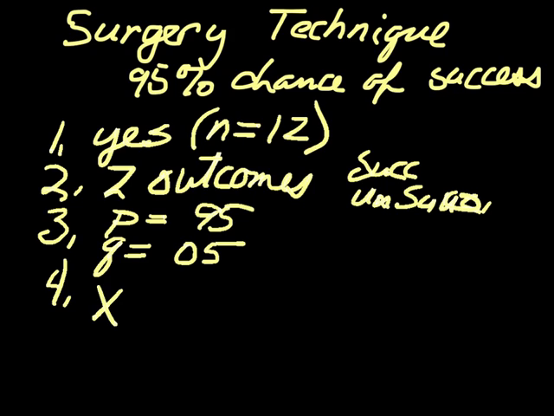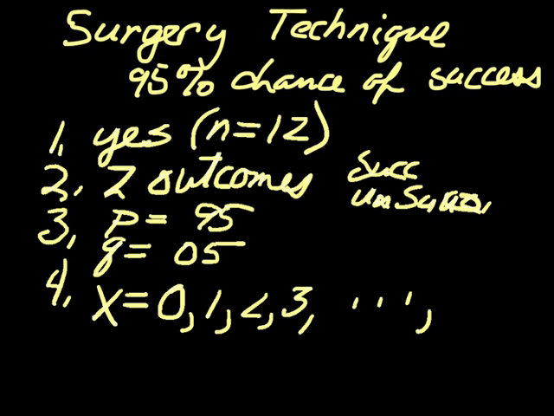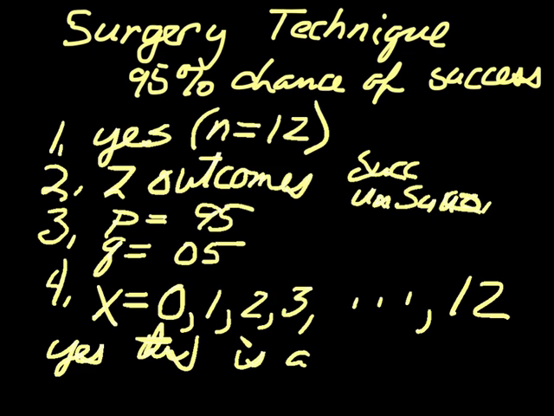Well, it's going to start at 0, count 1, 2, 3, etc., all the way up to 12 successful surgeries during the year. Okay, so I would say that yes, this is a binomial experiment, and hence we'll be able to write it as a binomial distribution.